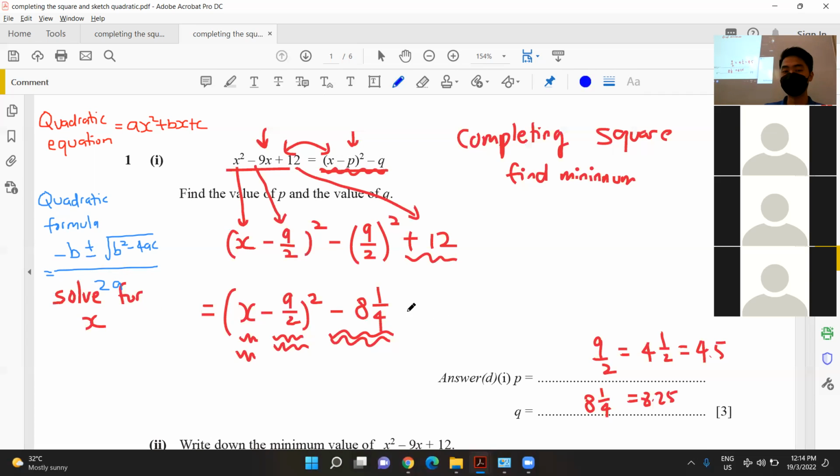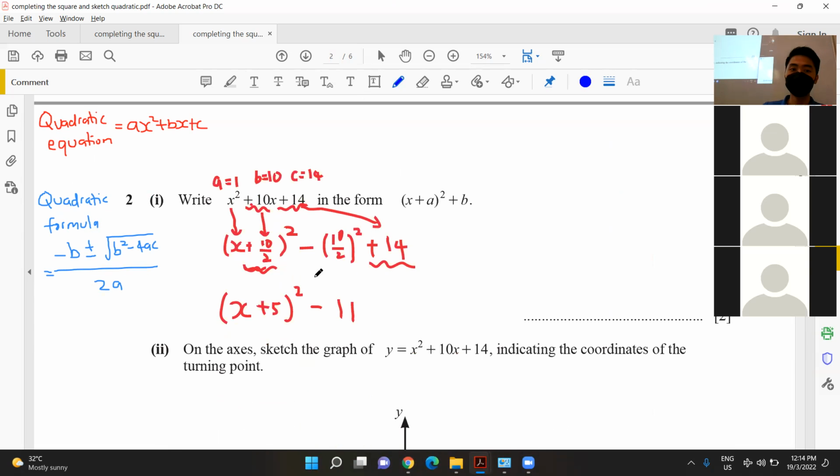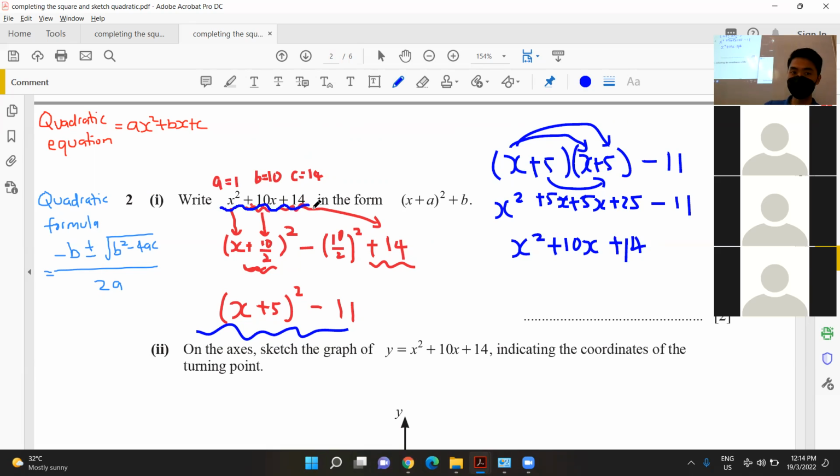Now, if I expand this equation here, x plus 5 square minus 11, you will notice that this will become x squared plus 5x plus 5x, then plus 25 minus 11. Simplify this whole equation, you will get x squared plus 10x plus 25 minus 11 plus 14, which is exactly what we started with in the first equation.